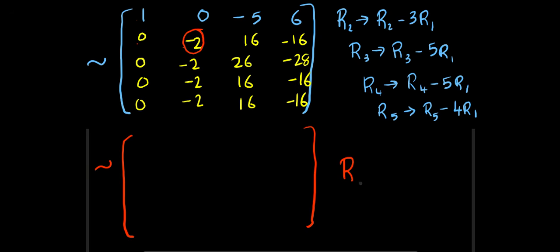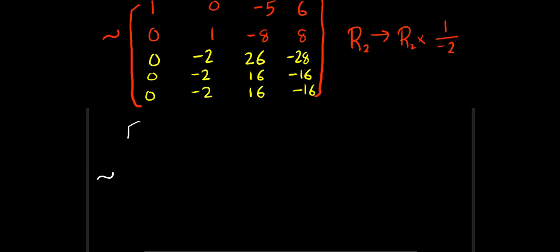So tell me what to do. Yeah, R2 changes to R2 into 1 by minus 2. So that means the second row will change. So 1, 0, minus 5, 6, 0, 1, minus 8, 8. And then let's copy the same thing over here. So let's move on to the next step.